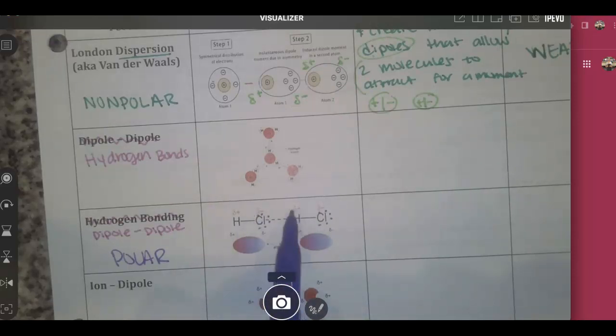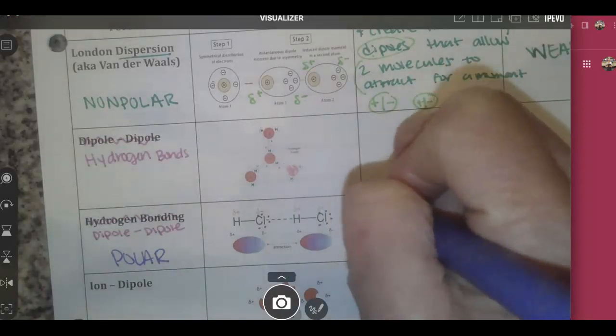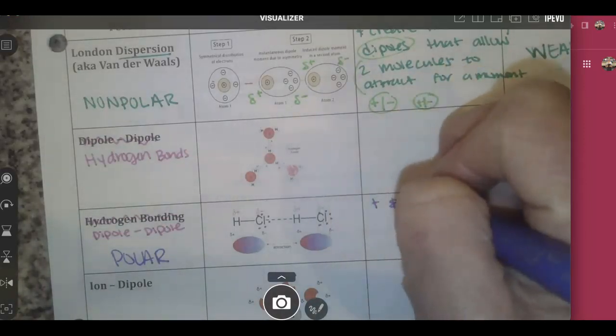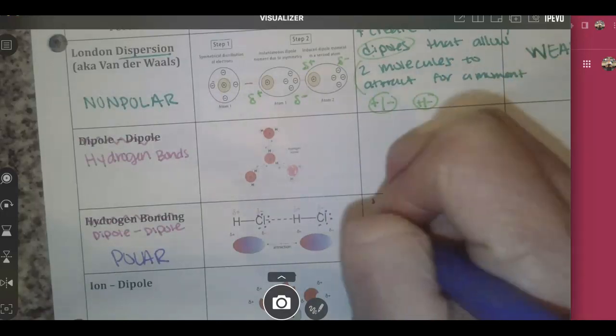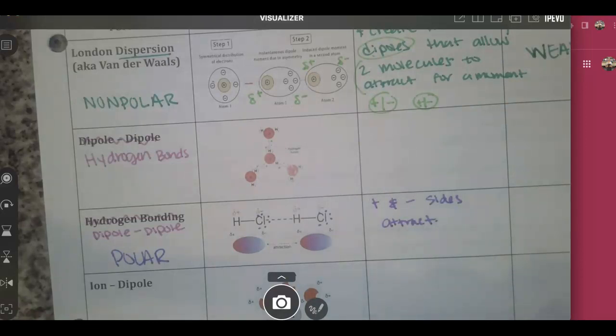My negative side is going to be attracted to my positive side. And so that is our polar compound, just the positive and negative sides attract. These are like a middle strength, I guess.